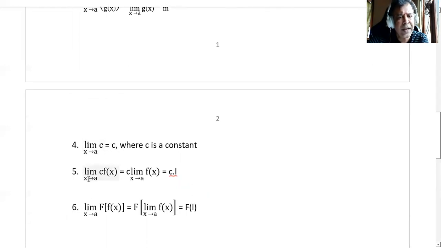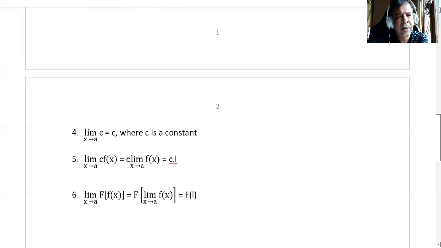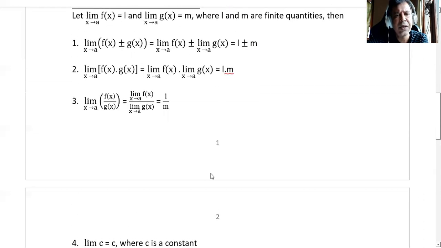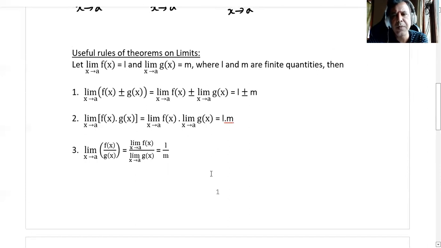Now, limit x tends to a, c times f of x, where c is a constant, again c can be taken outside the limit and we can write it as c times limit x tends to a, f of x, which is nothing but c times L. Then for a function of a function, limit x tends to a, capital F of f of x can be written as capital F of limit x tends to a, f of x, which we know is L. So we can compute it as capital F of L. So these are some of the useful rules or theorems on limits.